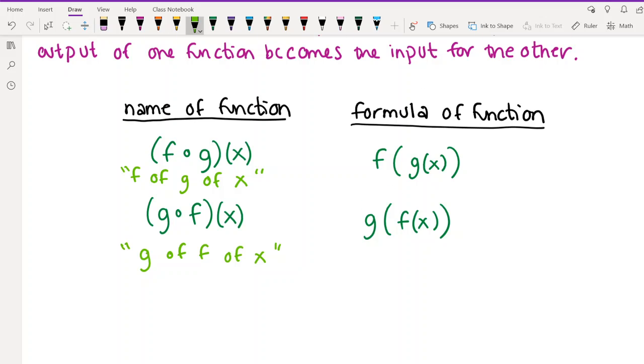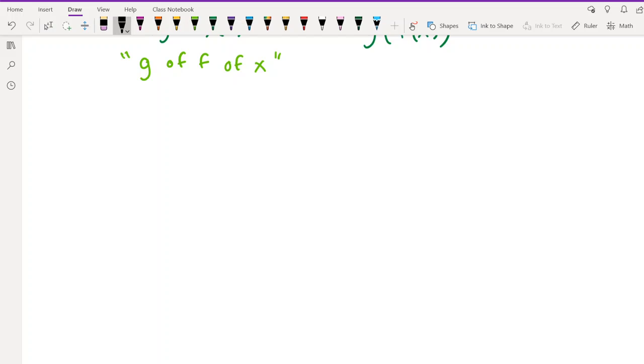Okay, so let's get into some examples of this. Let's say that we have two functions. One function is going to be x squared, and the other function is going to be x minus 3. We're going to find f of g of x and g of f of x.